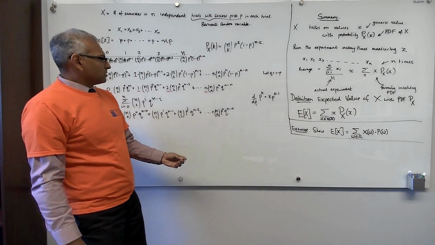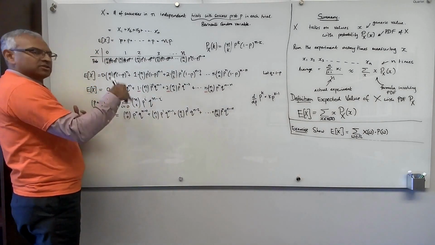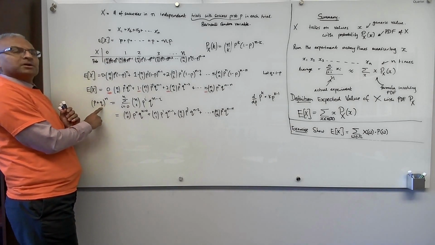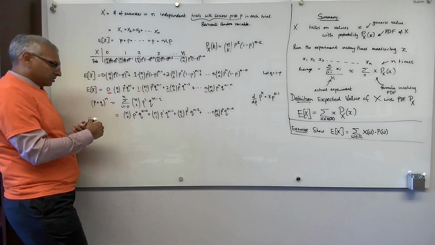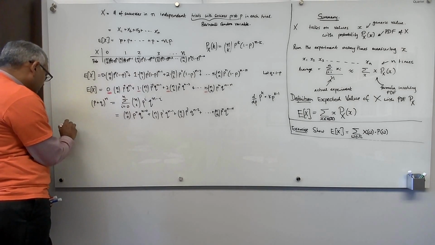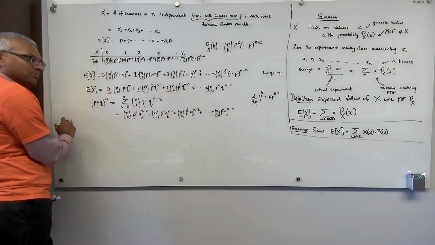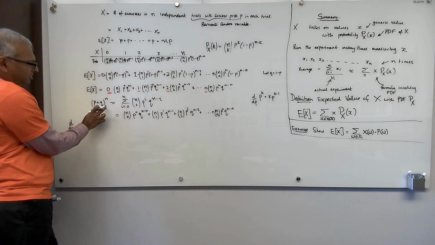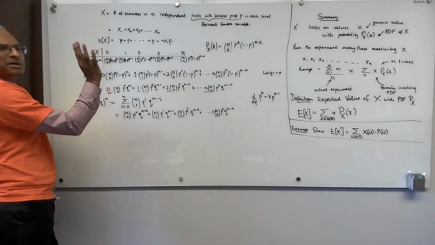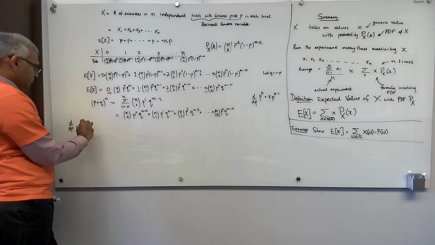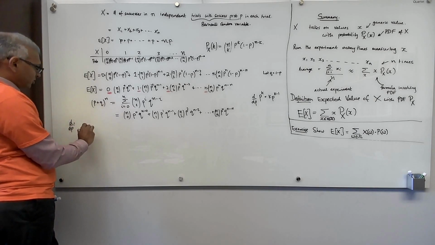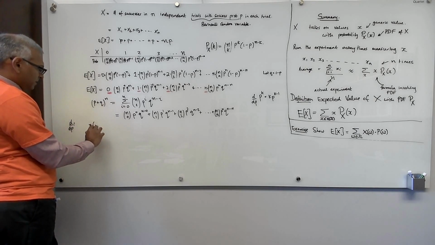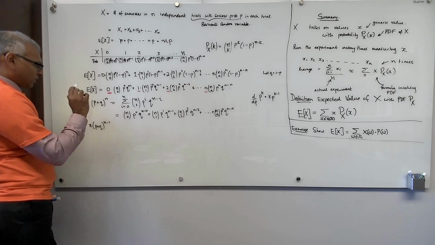So think of q as some fixed number, and I'm letting p be a variable. Let's take the derivative d by dp on both sides of this equation. Since q is a fixed number, p is the only variable here. On this side I get n times (p plus q) to the n minus 1.